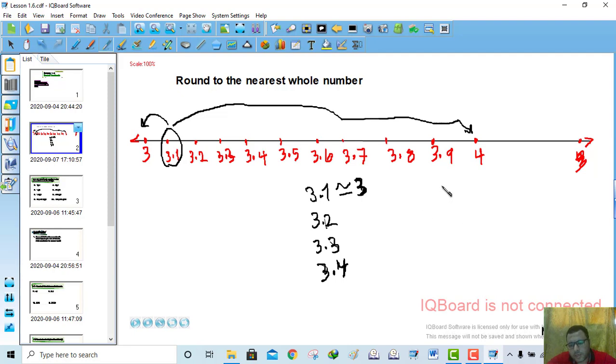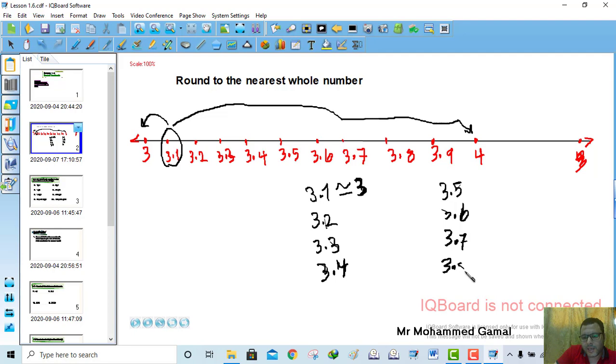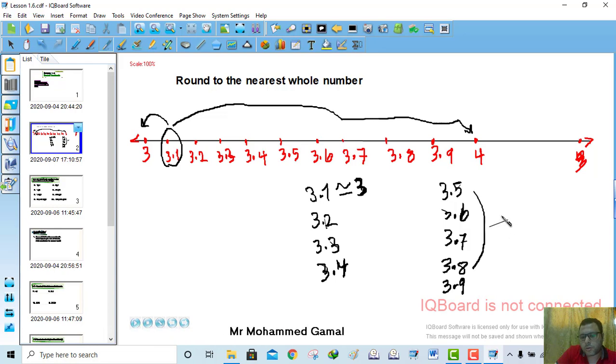But starting from 3.5, 3.6, 3.7, 3.8, and 3.9, all of those are closer to 4.